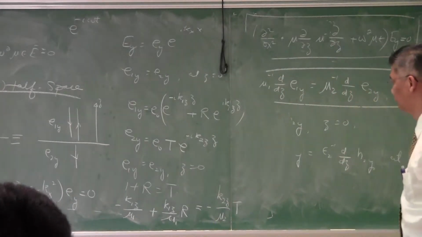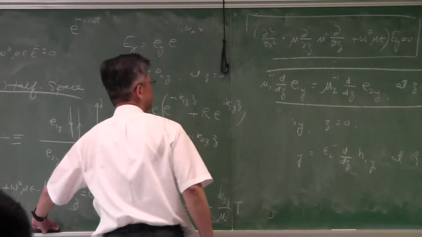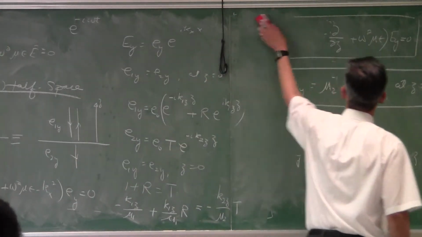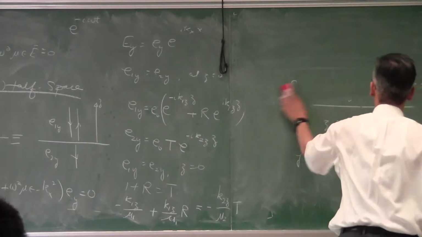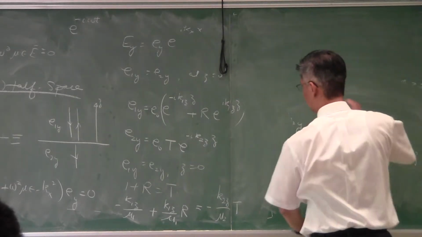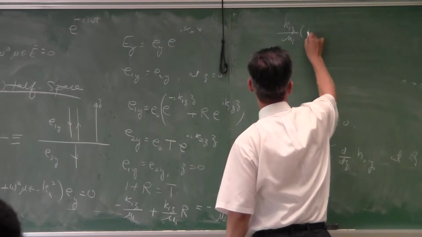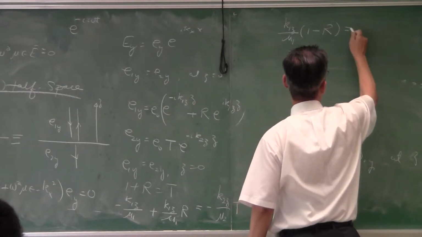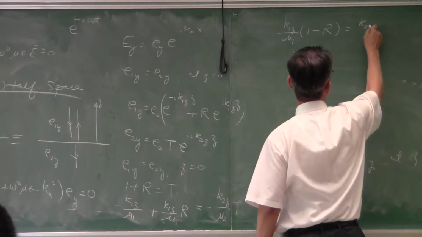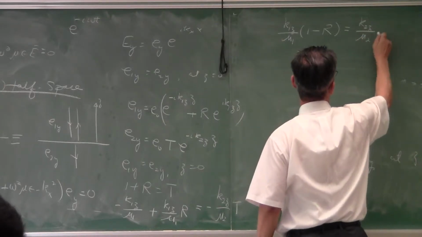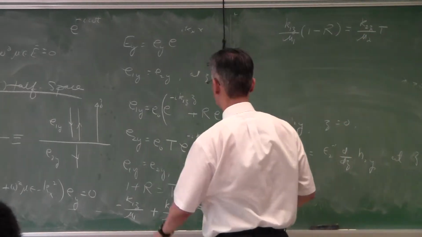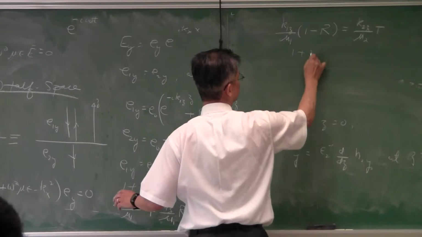So these are the two equations. And then I can rewrite the second one as k_1z over mu_1, 1 minus r, is equal to k_2z over mu_2 t. And of course the other one is this one.